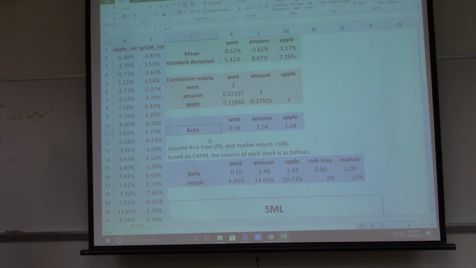We just looked at portfolios with 2 to 3 stocks. However, most of the time we hold portfolios with many stocks. So in that case, we need to calculate the beta. But we'll study that from next class.